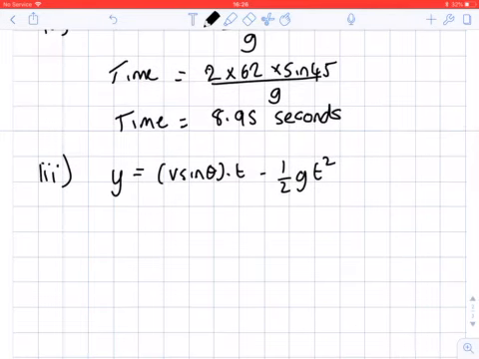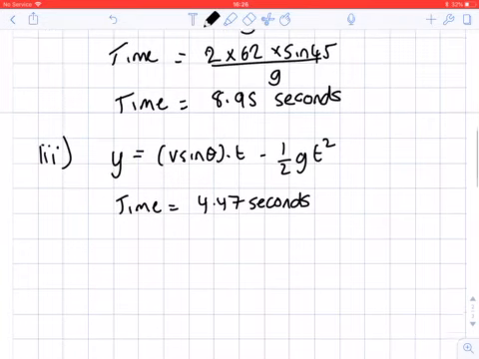Now obviously it's a parabola, everything is symmetrical, we've just discussed this before. So the maximum height will be when the time of the flight is halfway through. So we'll be using a time not of 8.95 but the halfway point of the journey, which is 4.47 seconds.